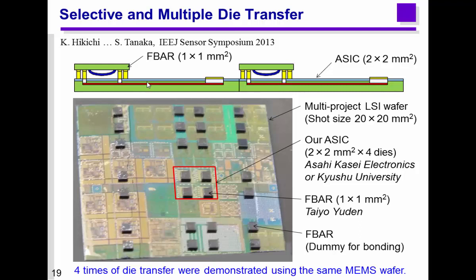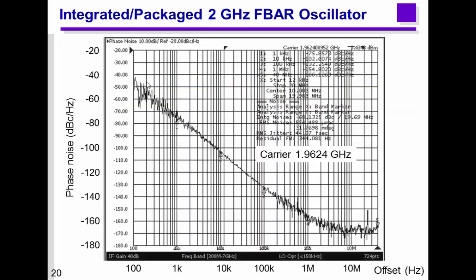The LSI wafer comes from a multi-project shuttle wafer. So our part is only this red region. And four oscillators were successfully fabricated. And this works very well. You can see the carrier frequency is 2 gigahertz, and low phase noise was observed.